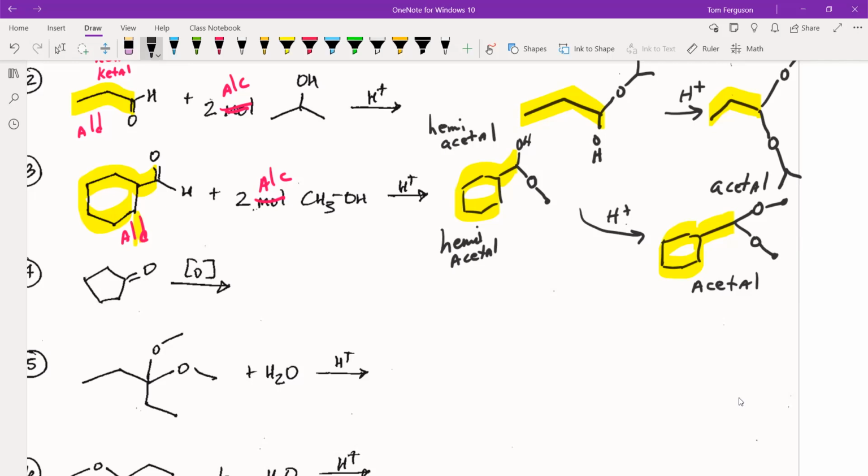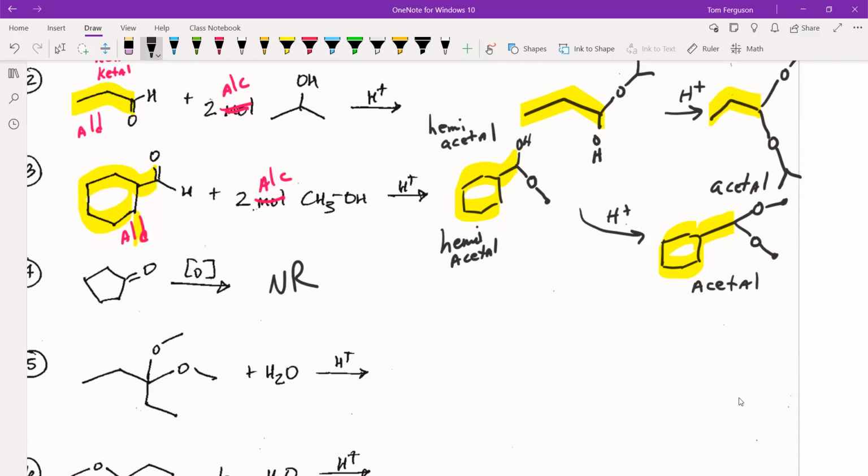Okay, when you oxidize a ketone, what happens? Nothing. If we did this, this was on your test, remember? This very question, and that was Monday's test.